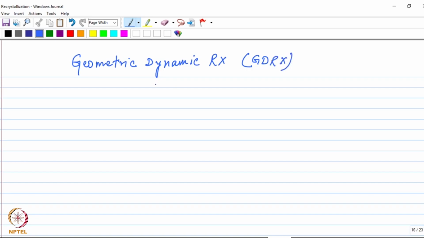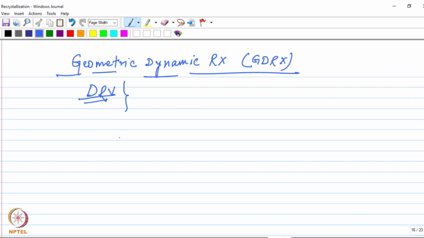So why it is called geometric, that will be clear in a moment as we discuss the mechanism of this particular phenomenon. So here also it starts with the dislocation rearrangement into subgrain boundaries. So the dynamic recovery process, or the DRV, will again come into play over here.